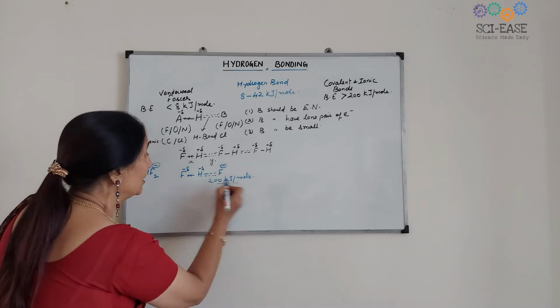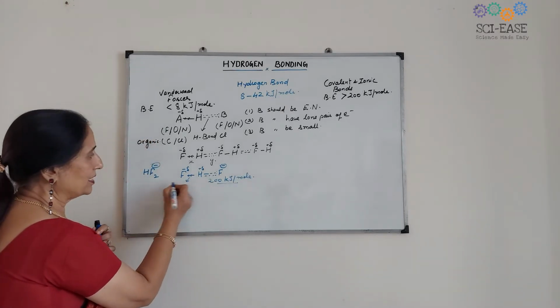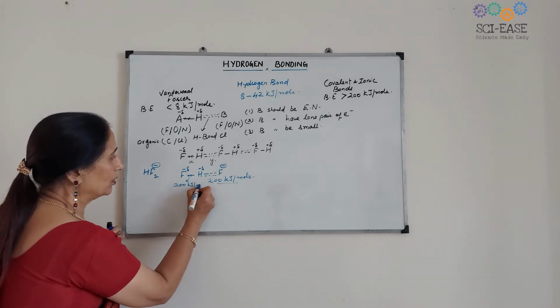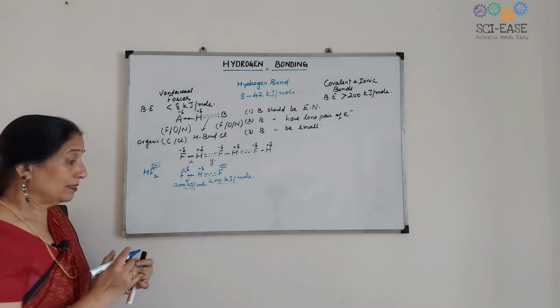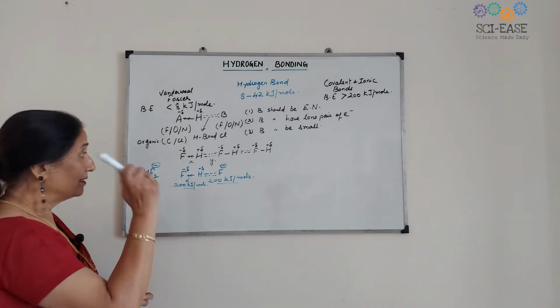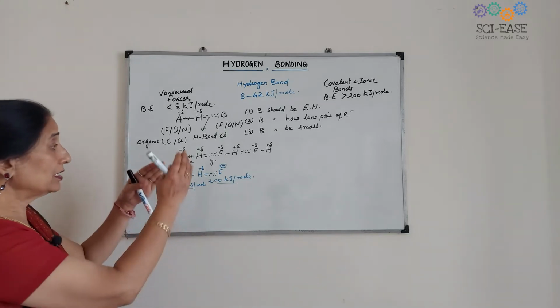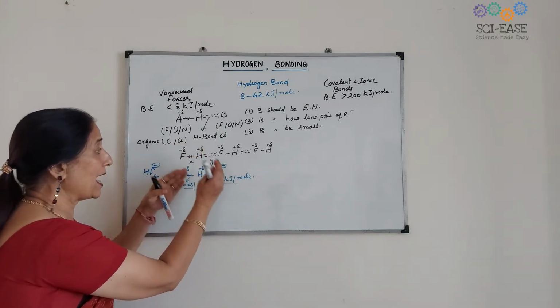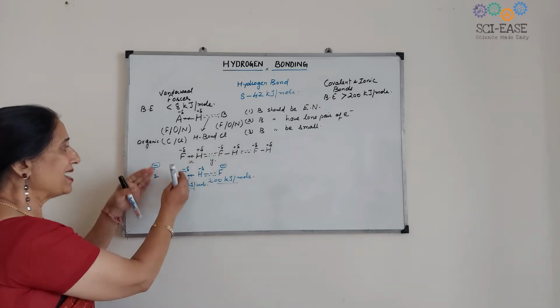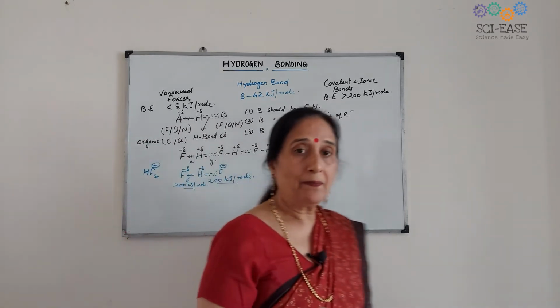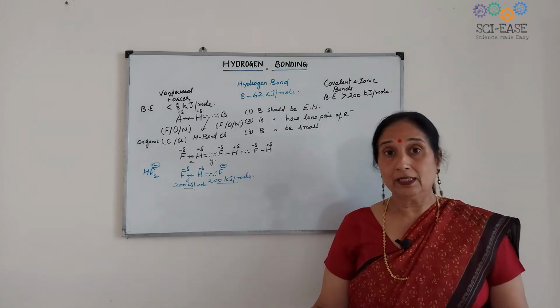So the bond, in this case, you know that this is already 200 kilojoule per mole. Okay, so you can see here that there is an exception, that is the HF2 negative molecule, where the hydrogen bond has the same strength as the covalent bond. So exceptions are there in chemistry.